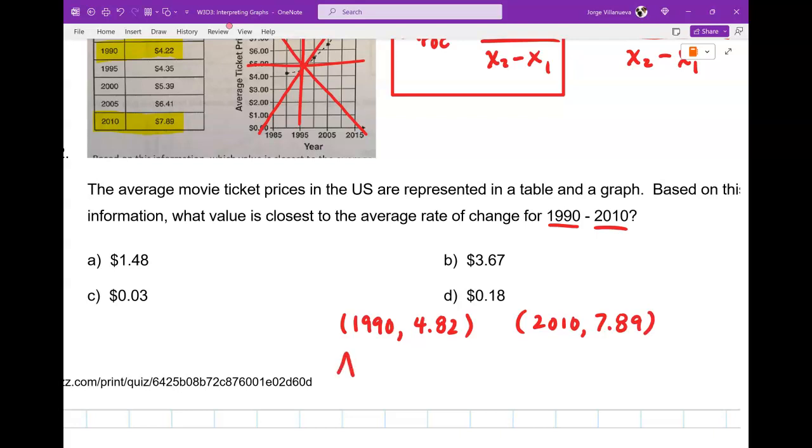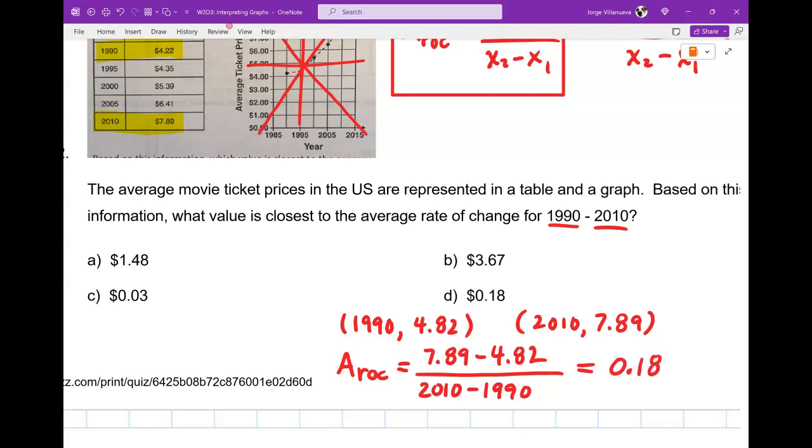Okay, so AROC, average rate of change, is y2 minus y1, so 789 minus 482 divided by 2010 minus 1990. If you plug that into your calculator, you're going to get about 0.18. It's like 0.183 something.